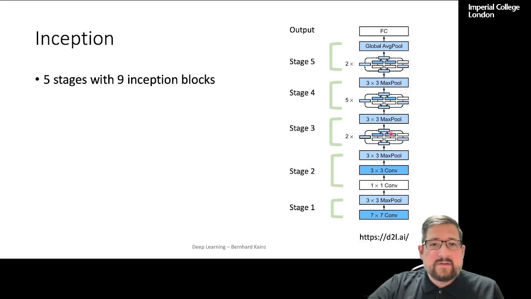And following this, we have a sequence of 5 more inception blocks in this stage, where probably most of the interesting nonlinear computations take place. The authors probably experimented here with various configurations and found that this one performs best.